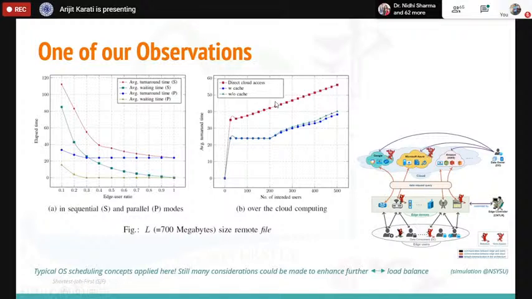Here you can see the cloud system in picture 2, that is over the cloud computing. The red line shows direct cloud access, which means we are getting the video file directly from the cloud. The blue and the green lines use cached data, like edge caching, versus without edge caching, for the download speeds.